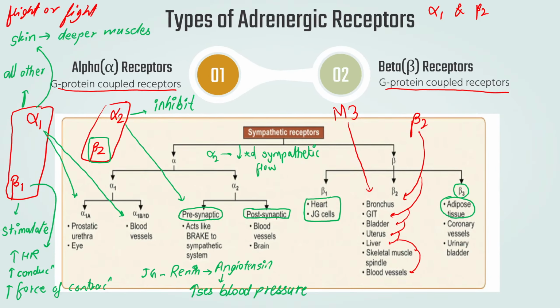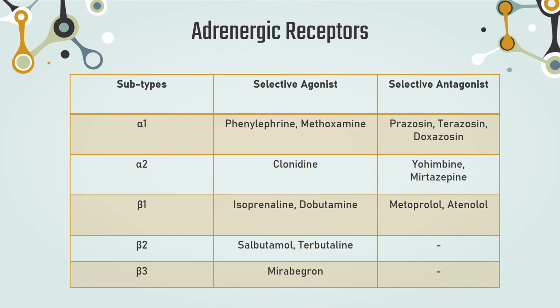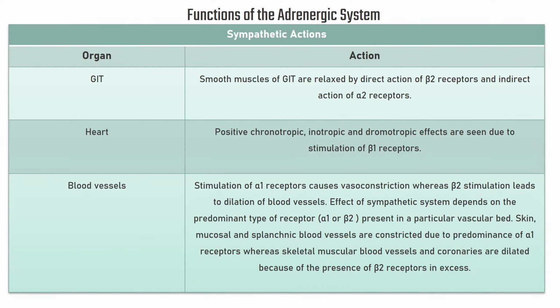See, I'll first explain the functions and then I'll come back to the selective agonists or antagonists at the last. Functions. See, in the GIT, obviously we know beta 2 receptor is there.